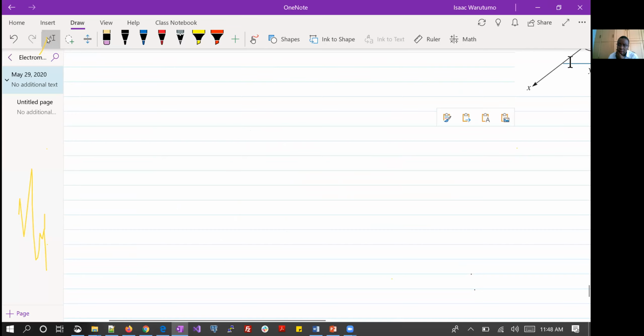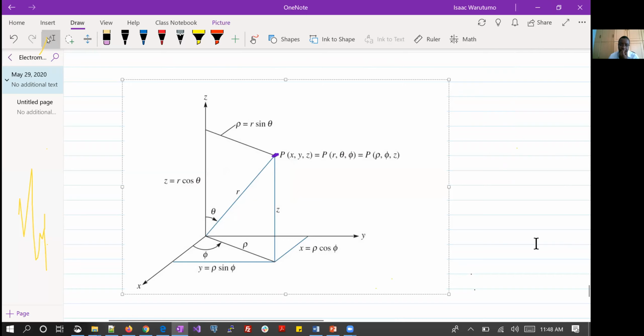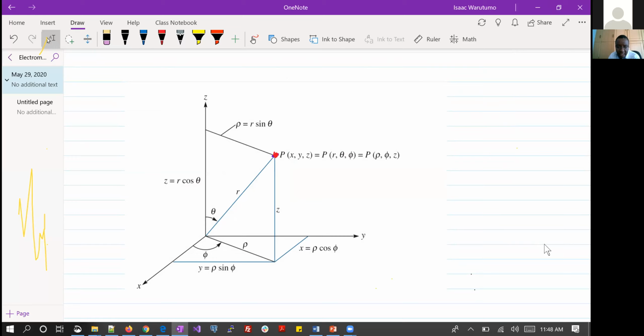What is this now? So we are saying that our point is at that point, and you want to find the x that is represented by this r. How can we express this x?